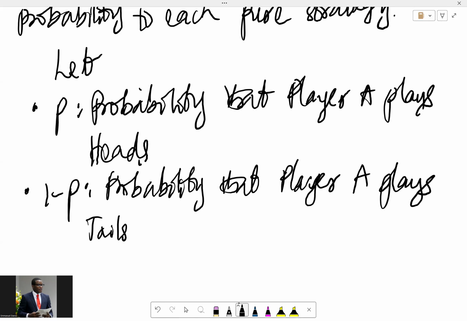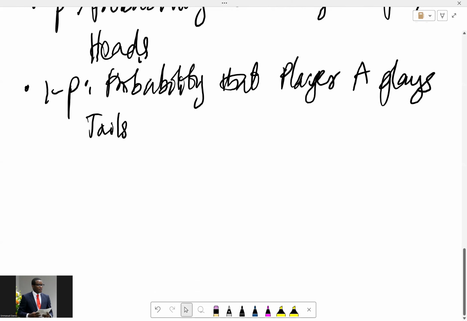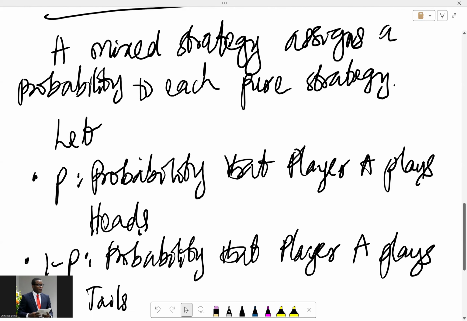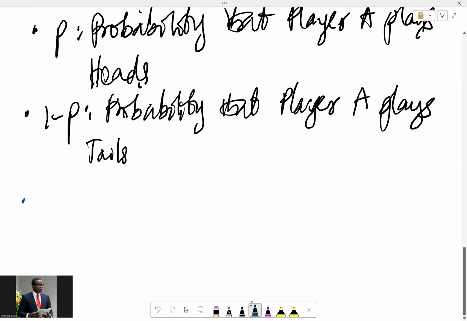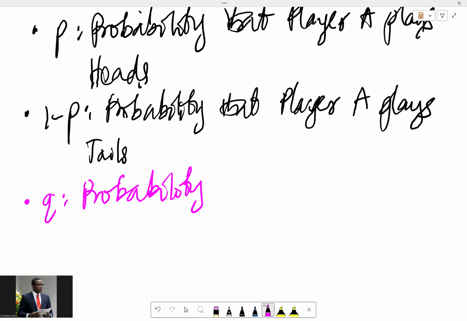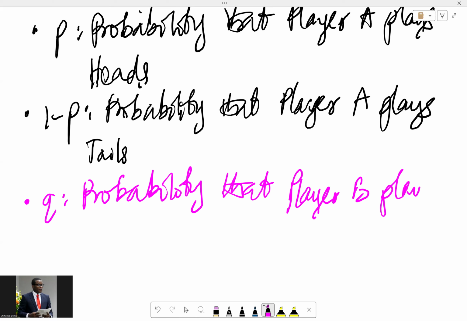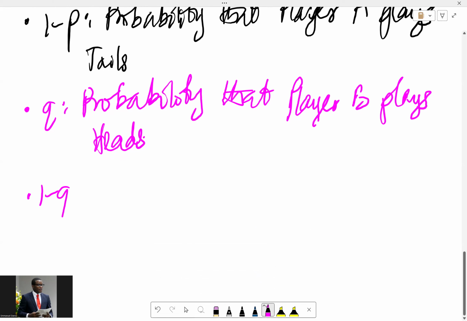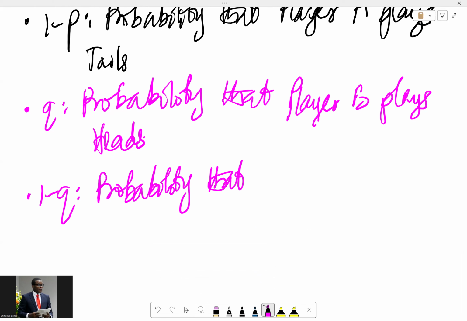Then we can also talk about the probability for player B. Let's say q is the probability that player B plays heads, and that automatically means that 1 minus q is the probability that player B plays tails.